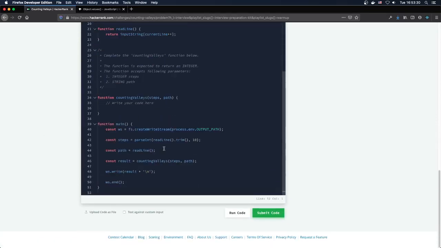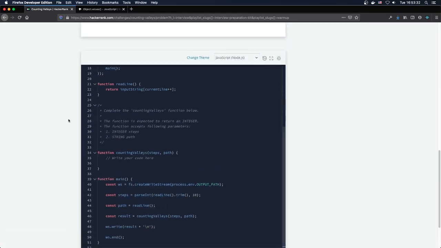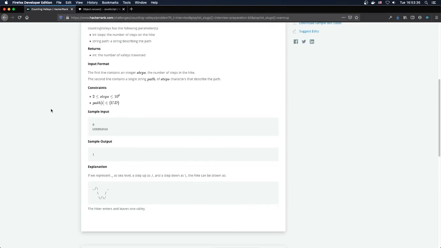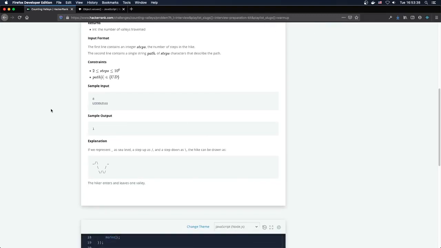So it's almost like a matching parentheses problem, isn't it? I think it's more or less a matching parentheses problem.